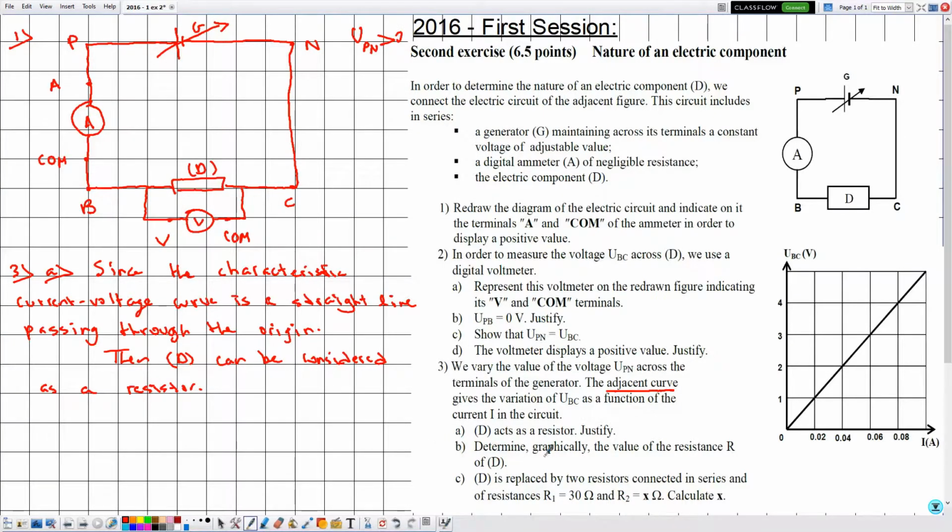Now in part B they are telling me determine graphically the value of the resistance R of D, and this can be done using the slope method.